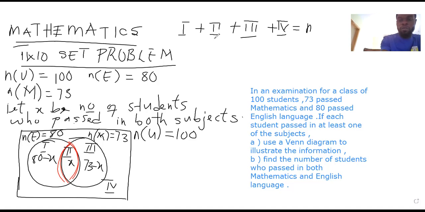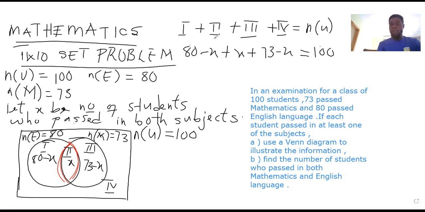That should give me the number of U. So region 1, that is 80 minus X, plus region 2, that is X, plus region 3, that is 73 minus X, plus region 4, that is 0, because each student passed in at least one of the two subjects. We don't write anything for it. That should be equal to 100, the number of students who took part in the examination.